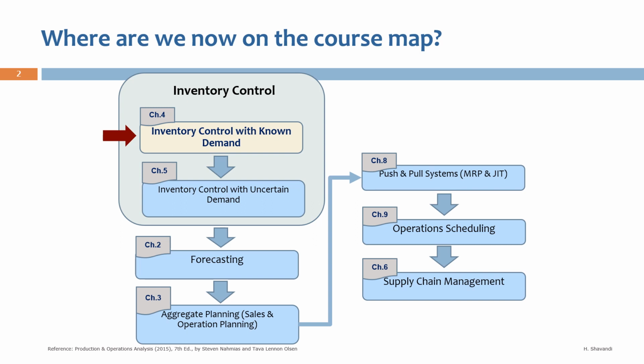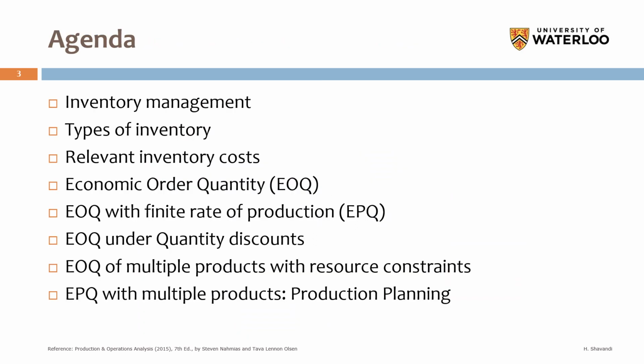As the agenda of this lecture, at first we'll have a brief introduction on inventory management, and then we'll see what types of inventory we have in the industry, and then we'll review the relevant inventory costs, and then we'll have the first model of inventory control in our course, which is called economic order quantity, EOQ.